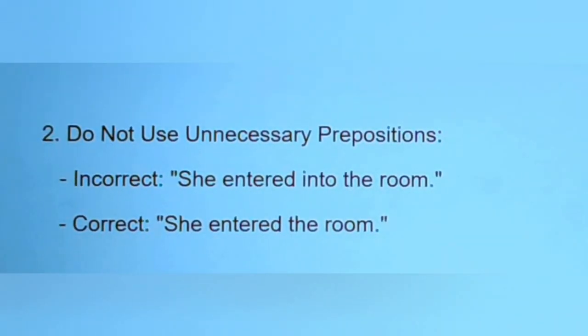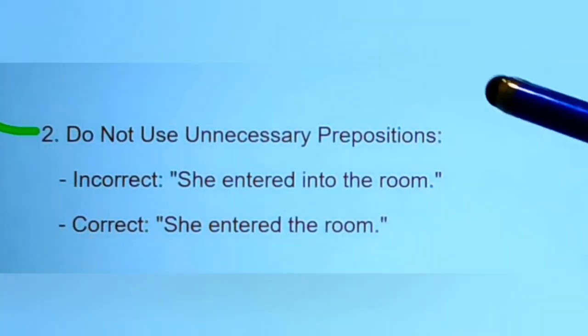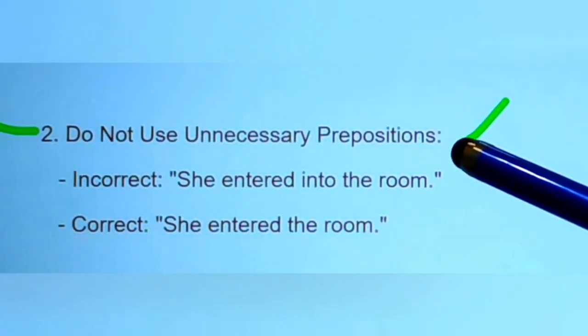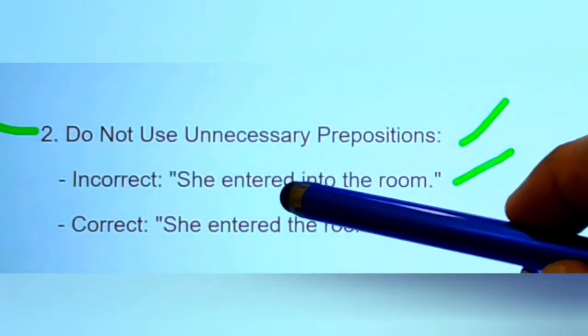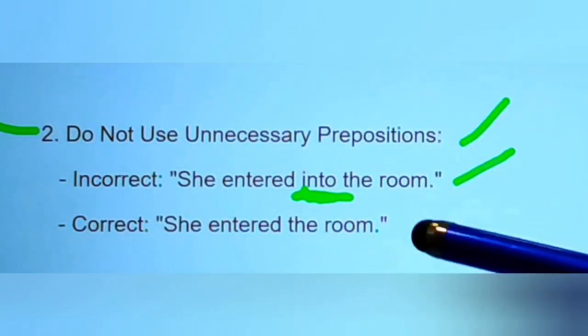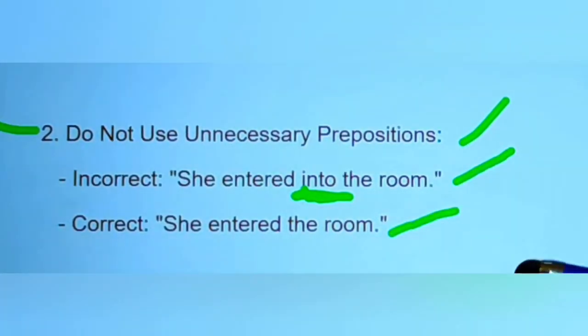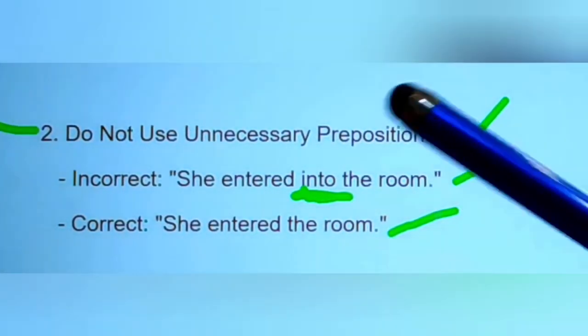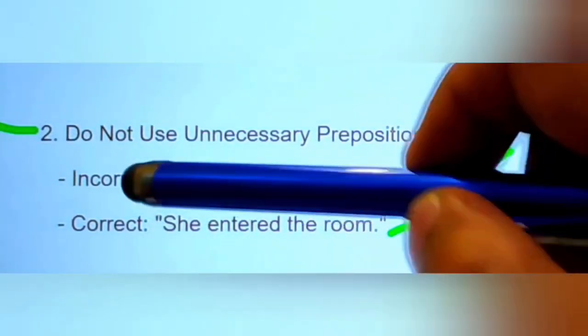The next rule for using prepositions is this one: do not use unnecessary prepositions. For example, we explain with the sentence, she entered into the room. If we keep this sentence simple, she entered the room, this describes that she entered the room, and we do not need into here to describe further.